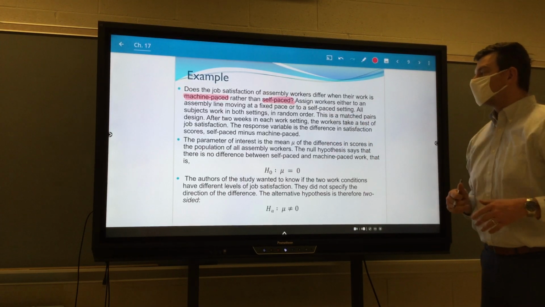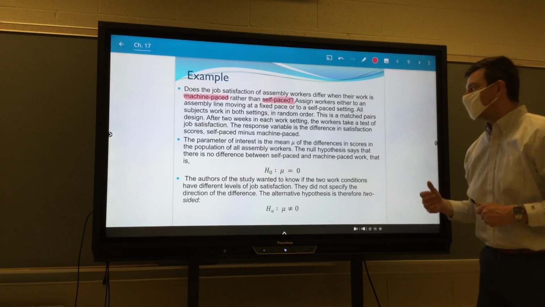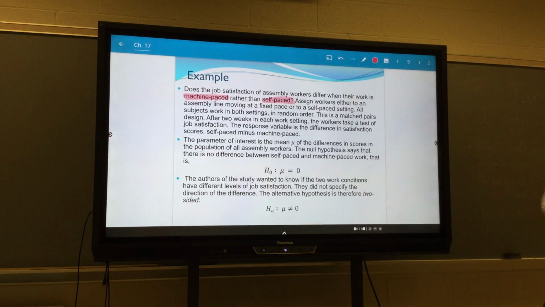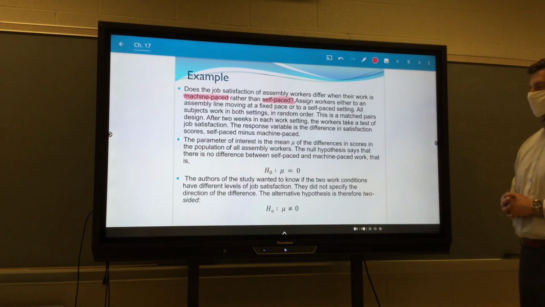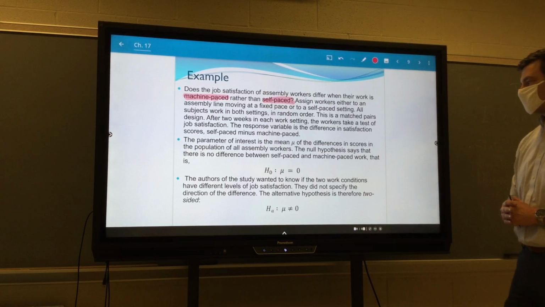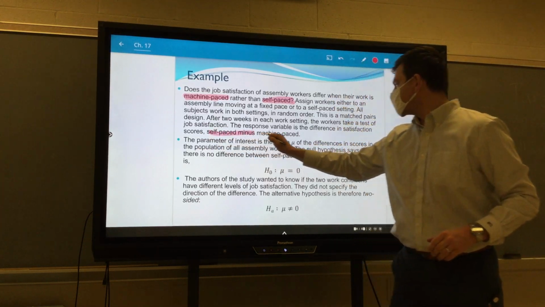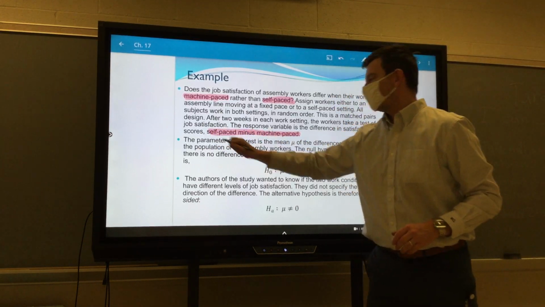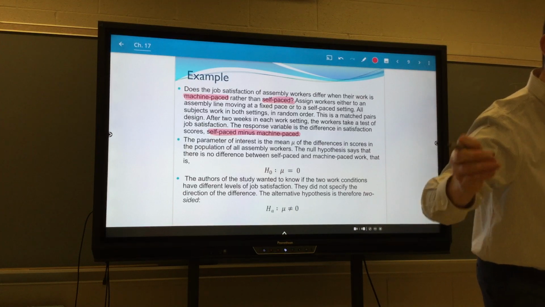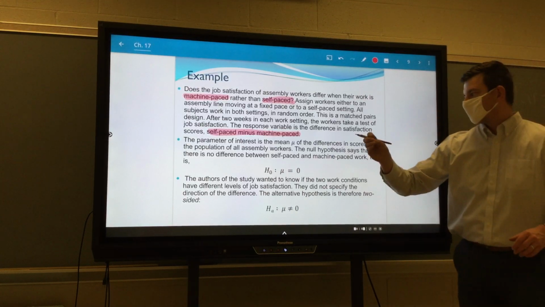Okay? After 2 weeks in each work setting, the workers take a test of job satisfaction. The response variable is the difference in satisfaction scores, self-paced minus machine-paced. Okay? So self-paced minus machine-paced. Okay?